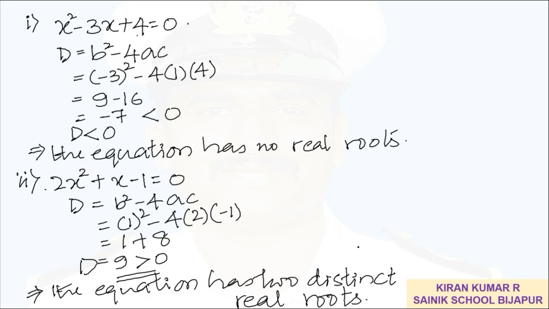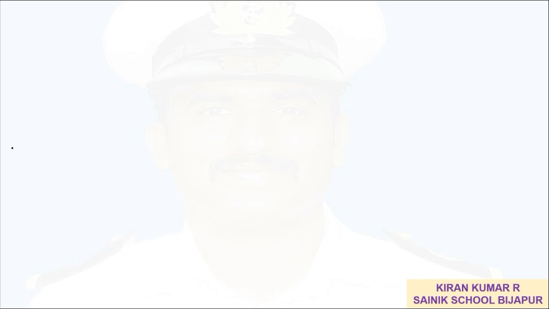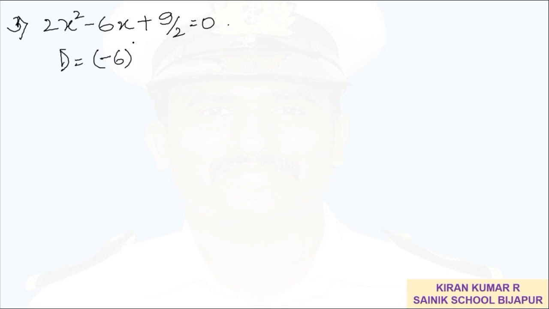Let's take up the next one. Question 3. 2x square minus 6x plus 9 by 2 equal to 0. D value is b square, which is negative 6 square minus 4 times of a into c.